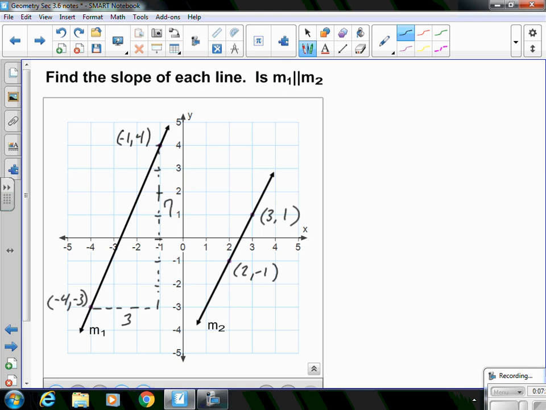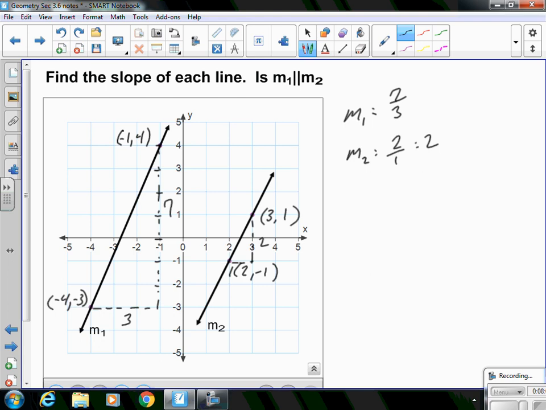So we do rise over run. The slope of one is 7/3. And for the other one, going over 1 and up 2, right? So 1, 2. That's 2 over 1, or simply 2.